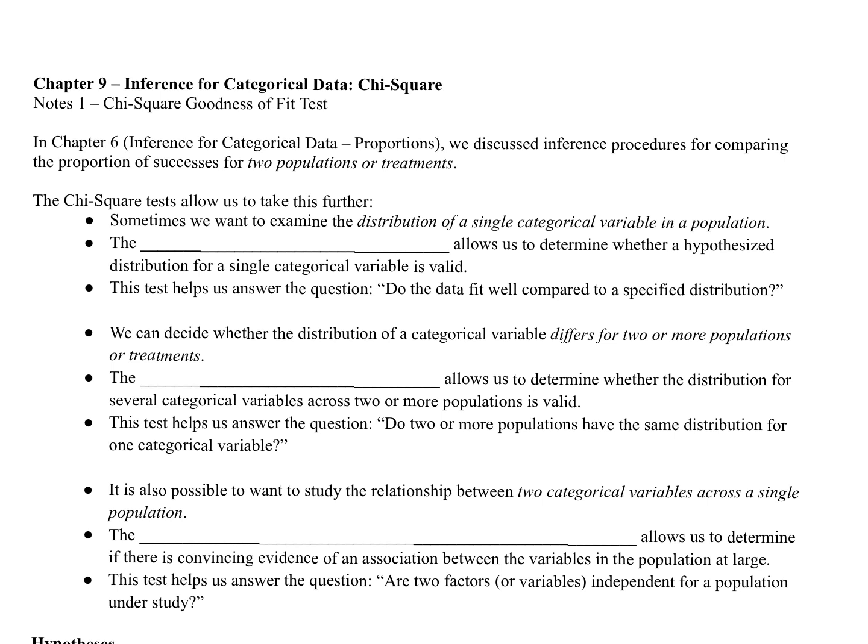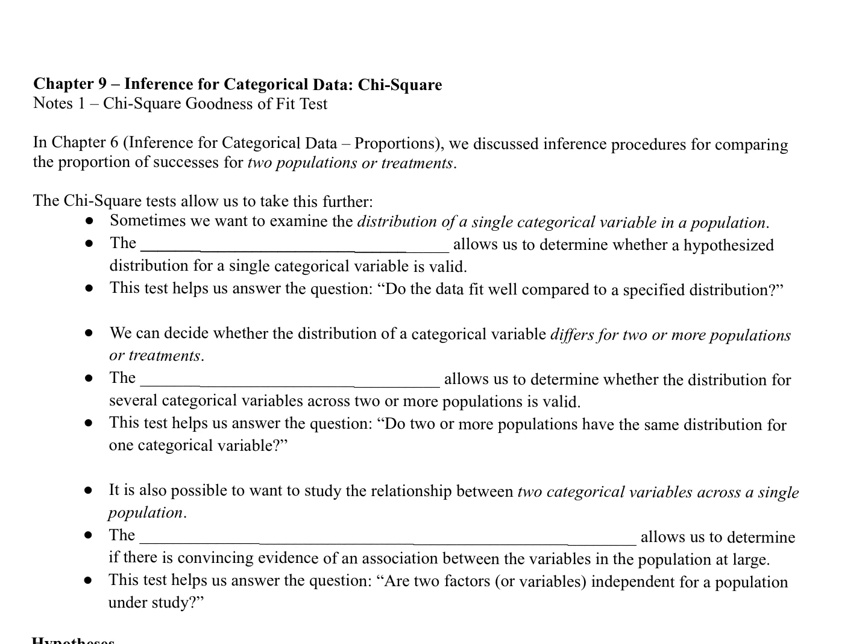Remember, in Chapter 6, we talked about proportions, and we discussed inference procedures for comparing the proportion of successes for 2 populations or treatments. The chi-square tests allow us to take it further. The first test allows us to examine the distribution of a single categorical variable in a population.